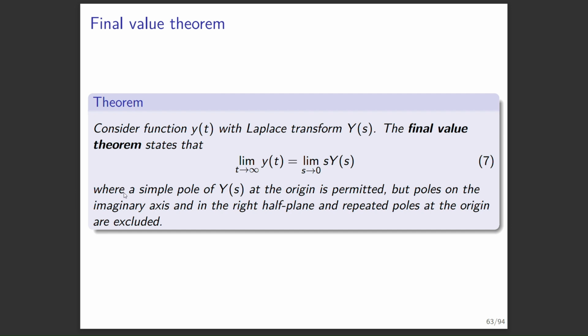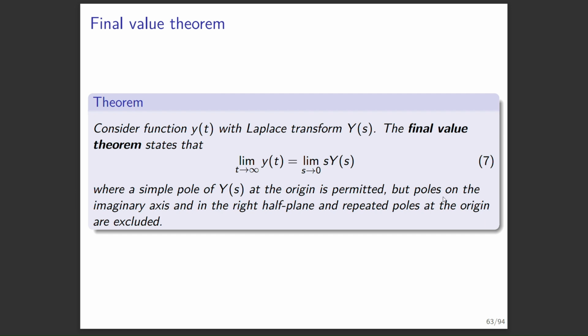It says a simple pole of Y(s) at the origin is permitted. So Y(s), the transfer function, can have a simple pole at the origin, so it can have an s in the denominator.